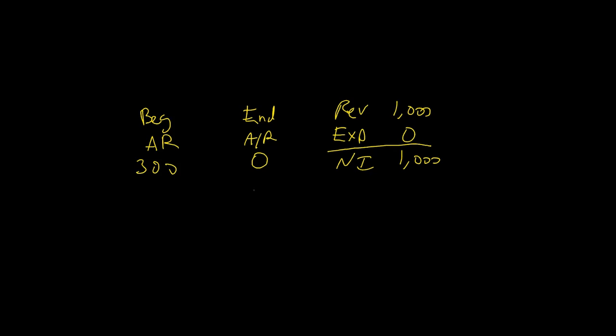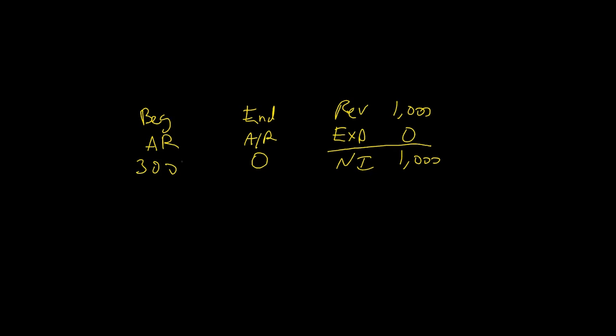So that means we had some revenues from the prior period that we hadn't collected on, right? So in this case, we know we collected $1,000 because our ending AR is 0. So we must have collected all of that $1,000.